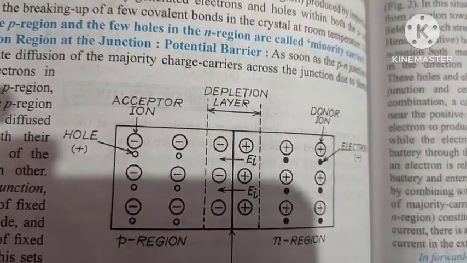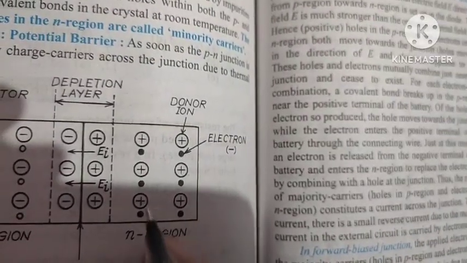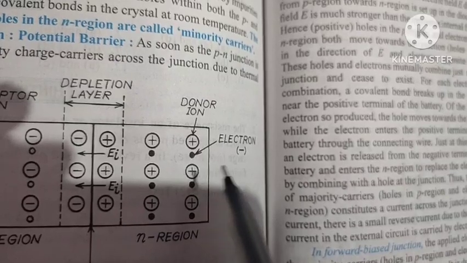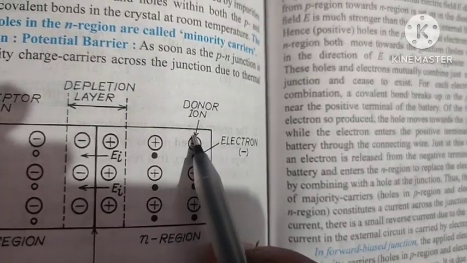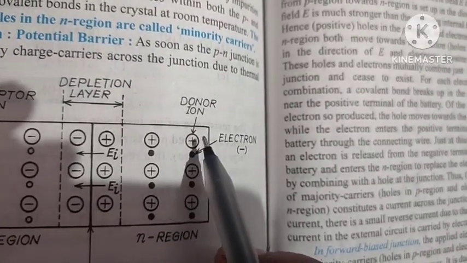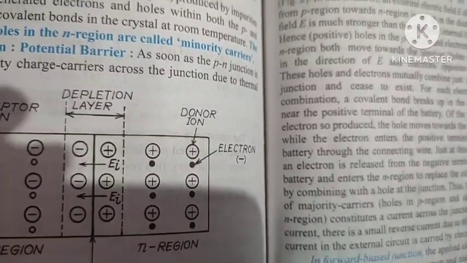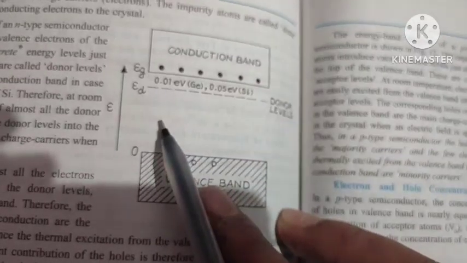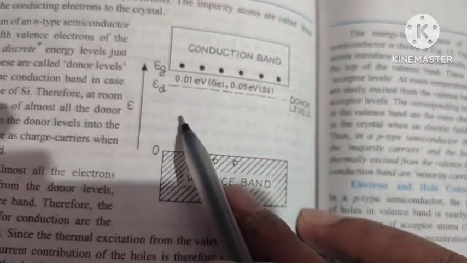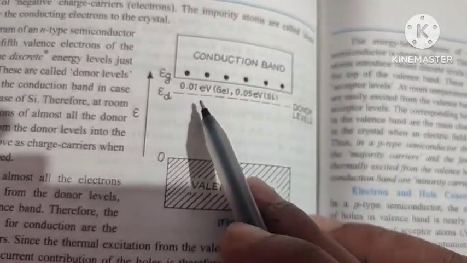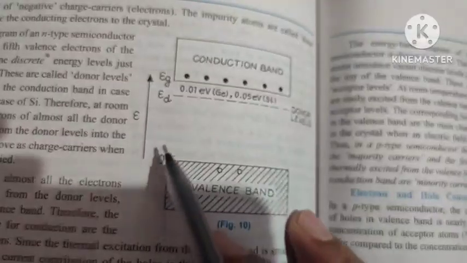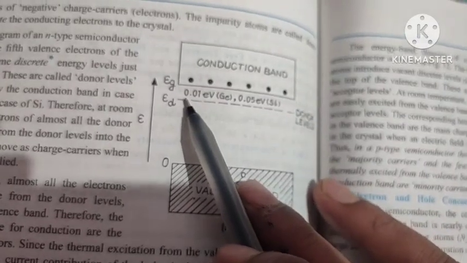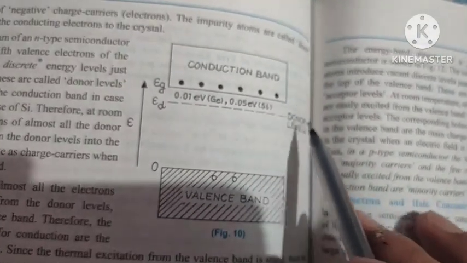Similarly, if you remember, in n-type semiconductor we have a pentavalent impurity atom. If you add them, they act as donor energy levels. Suppose we use arsenic as the pentavalent impurity, then for arsenic we will have this donor energy level.